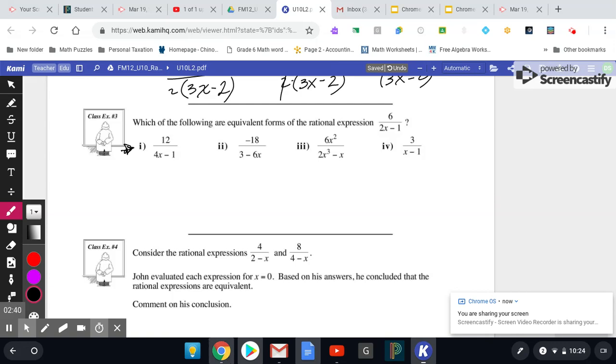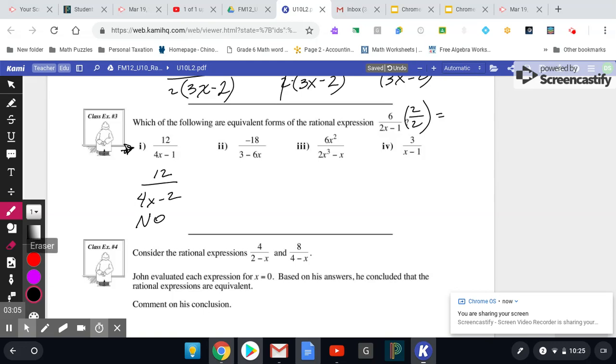To make the 6 be a 12, I would have to times the top and the bottom by 2. And that does not work because I will get 12 on the top, but then I will get 4x minus 2, and that does not work, so no.